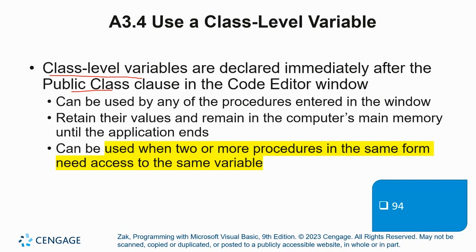And then once those are declared, they can be used in any of the procedures. Which, that's nice, but more importantly, they retain their values and they remain in memory until the application ends. All right. So let's use some class level variables.